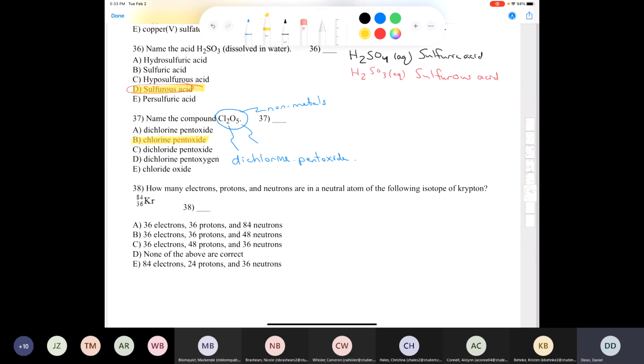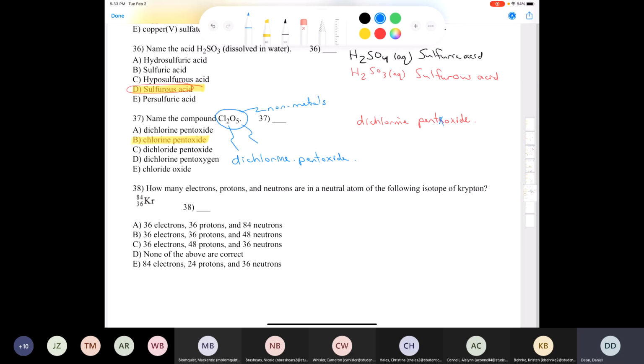Now, let me just add one quick thing in here. If you've been practicing a lot, which I'm sure you have or hope you have, sometimes it's a knee-jerk reaction for a student to say, well, shouldn't it be called dichlorine pentaoxide? Now, that's a little nuance, right? That you delete that A, you get rid of that A. And I will never try to trick you on that on an exam. Trust me, I will never have 2 answers.